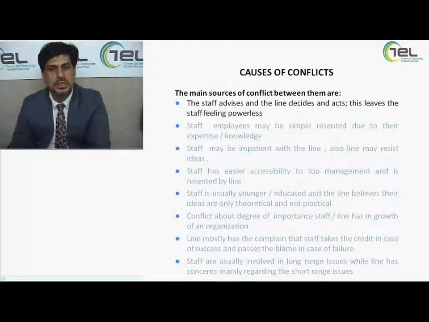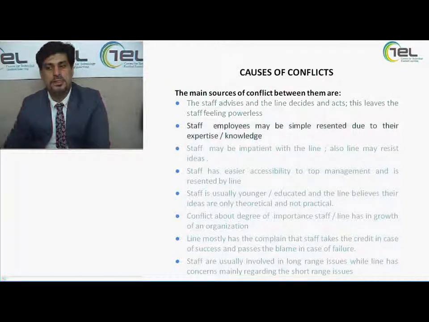So the staff feels that they are powerless because the line is not acting as per what they want them to act as. Staff employees may be simply resented due to their expertise and knowledge.